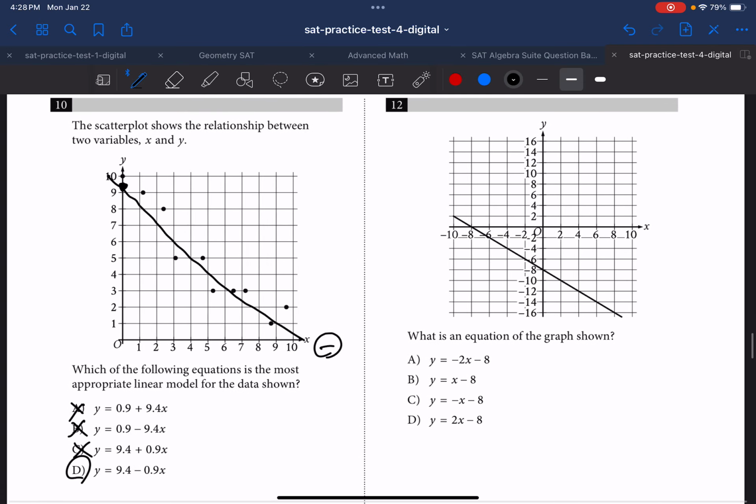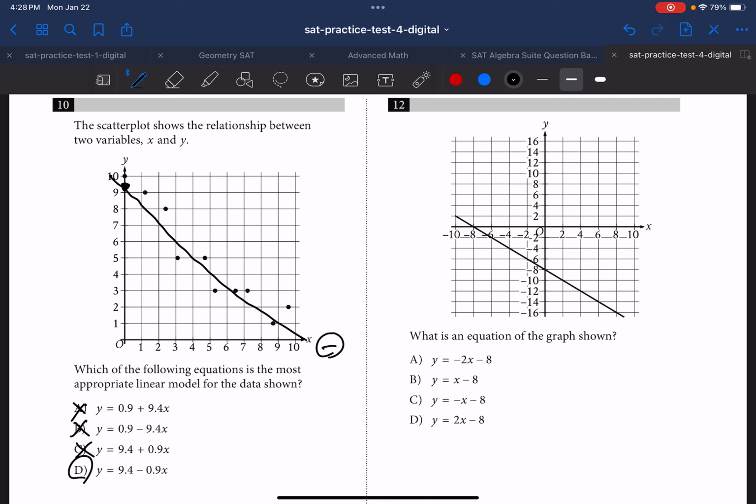Question number 12. What is an equation of the graph shown above? So we know that this is a negative slope since it's going from top left to bottom right. So B can't be right, D can't be right. And both y-intercepts are correct, so we have to find the slope.